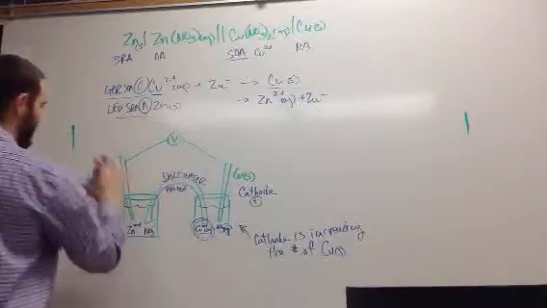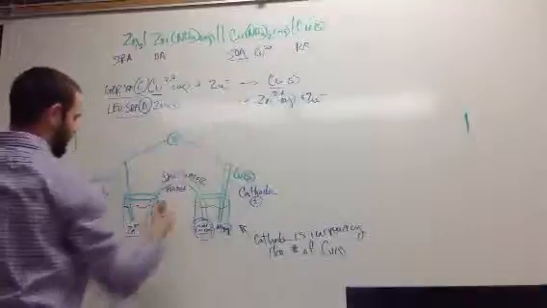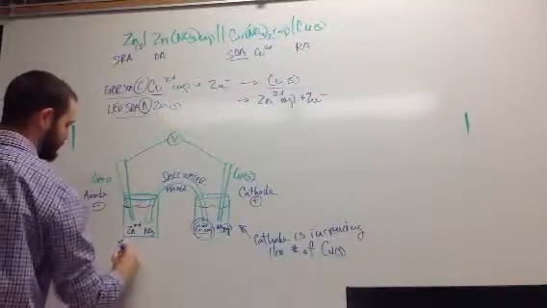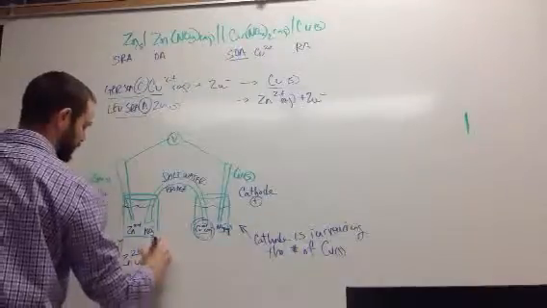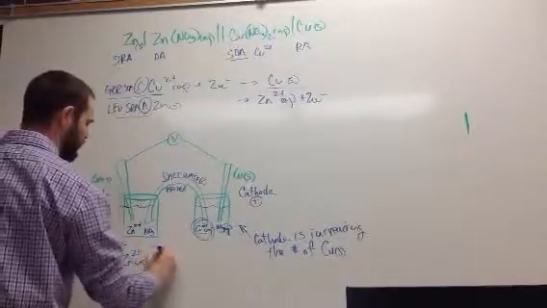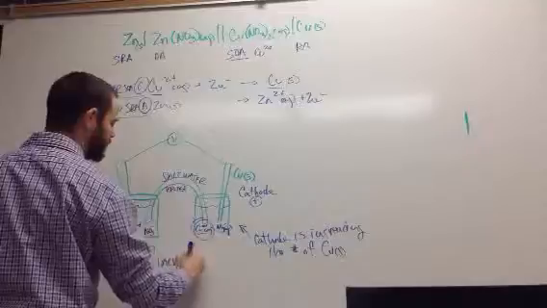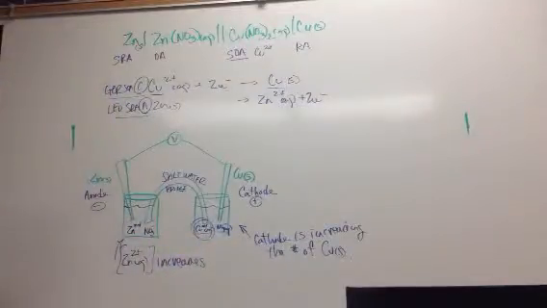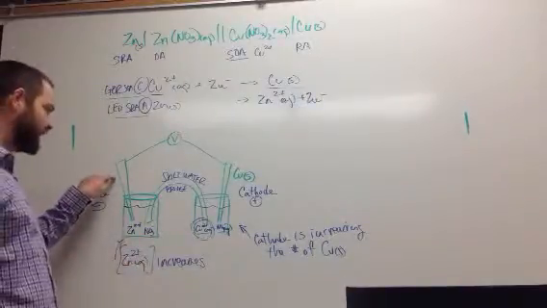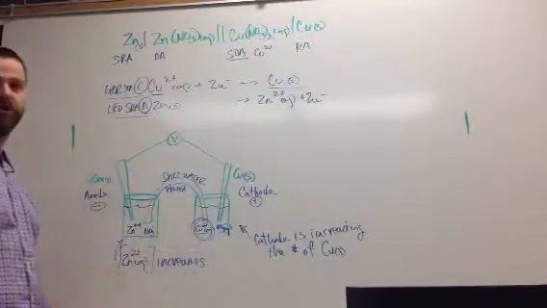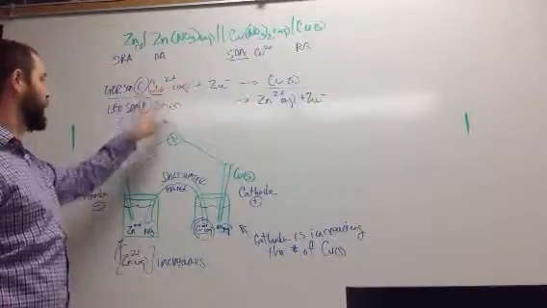Whereas at the anode here, the zinc is becoming zinc ions. So zinc ion concentration is going to increase because we're making more zinc ions. So the cell will be dead when either we have used up the zinc electrode or the copper 2 ions, because those are our two reactants.